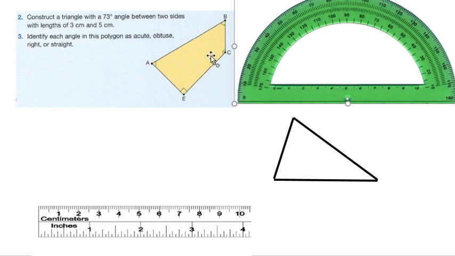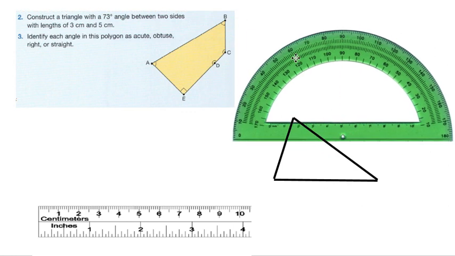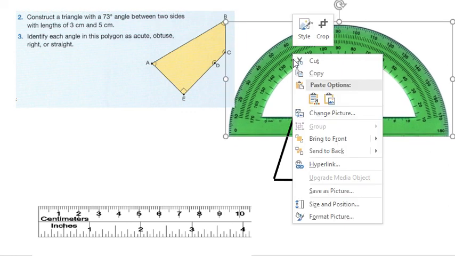To pay extra special attention to D here, we don't normally think of a straight angle like this as an angle, but it is in fact definitely an angle, and the measurement is 180 degrees. We can check that. I'm just going to bring this to the front.